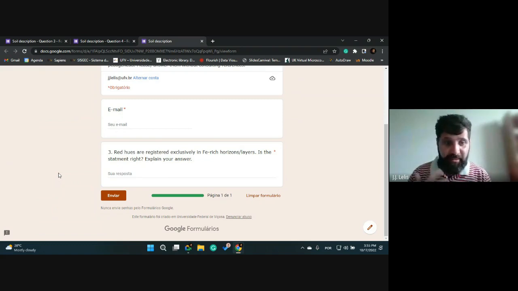How is the intensity of the organic activity? Do we have a high content of organic matter or a low content of organic matter? All these properties influence the minerals that we can find in the soil, and consequently, they influence the color that we can see in the horizon. Okay?